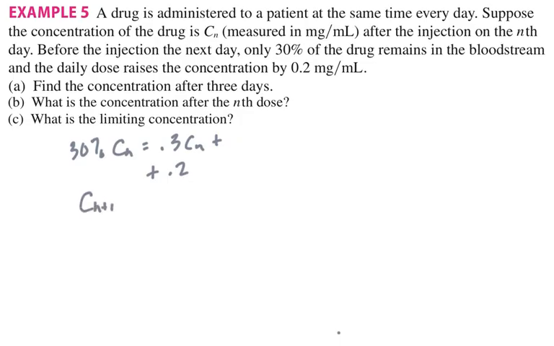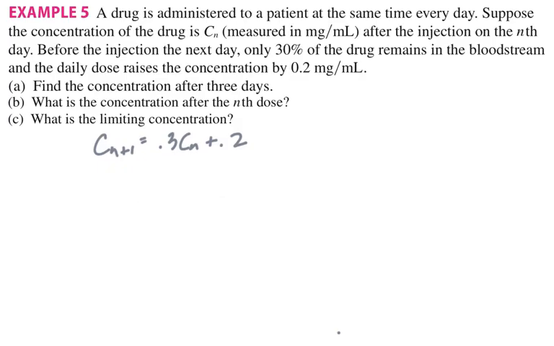So we say C sub n plus 1 equals 0.3 C_n plus 0.2. So that's where we build this formula from. So we know that C sub n plus 1 equals 0.3 C_n plus 0.2.